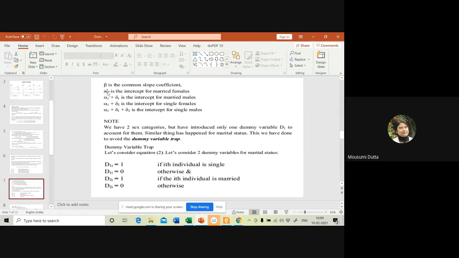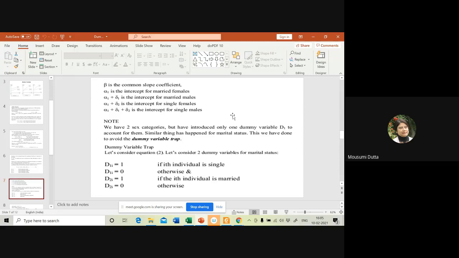So this alpha 1 can be considered as the reference category. And with respect to this reference category, we are getting certain changes when we are moving from one group to other. In this way, we present the intercept dummy.